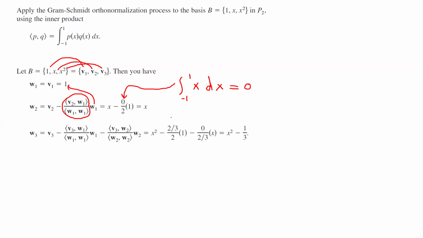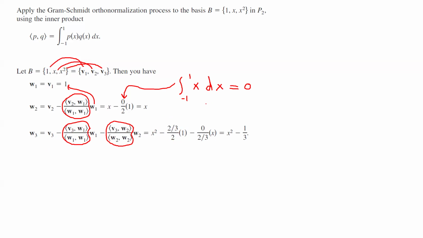Now let us move on to calculate w3, which is v3 minus the scalar times w1 minus the scalar times w2. So here you have v3, which is x squared. So x squared is just right here, minus 2/3 divided by 2 times 1. Again, these are just basically finding the definite integral.